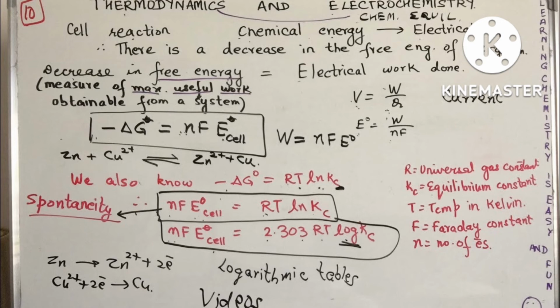Now the second problem. Second numerical: find the value of the equilibrium constant for the following reaction at 298 Kelvin.